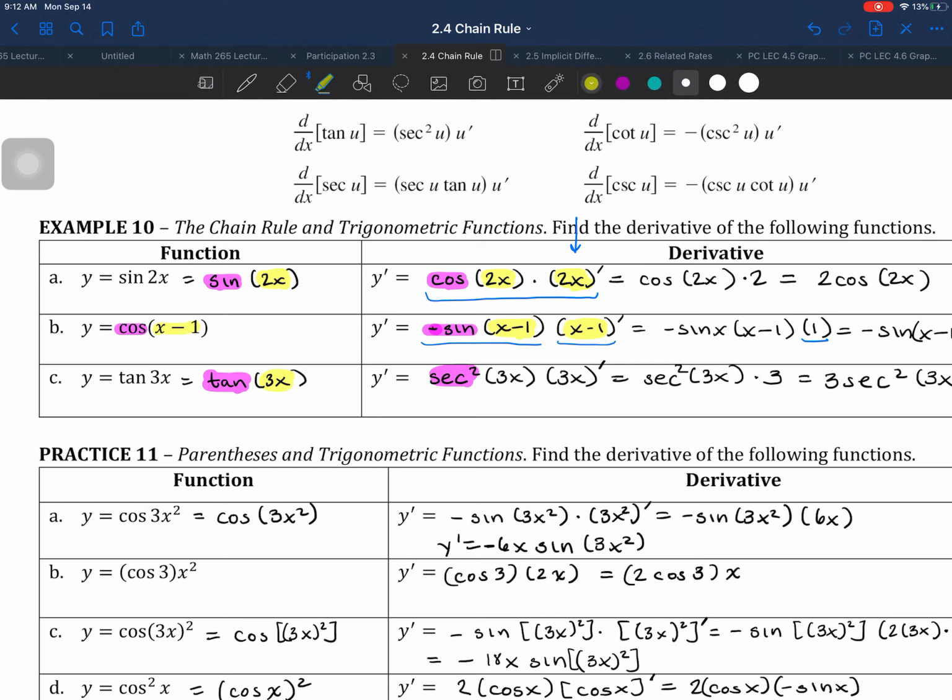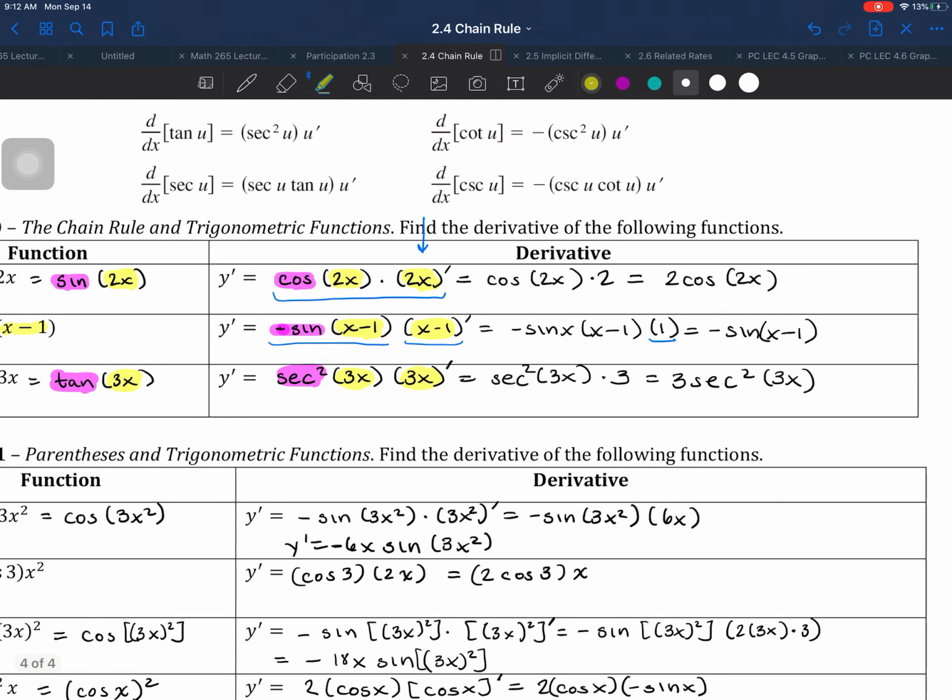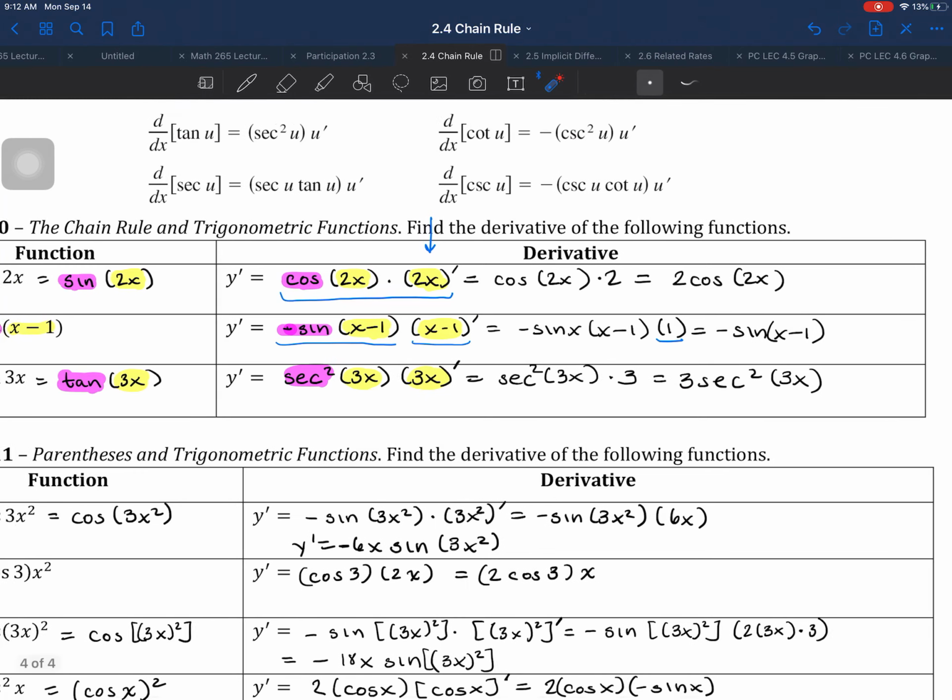And then what do we do with the inside? Keep it the same and multiply by the derivative of the inside. So this stays the same; come back and multiply. The derivative of 3x is 3, so we can move this to the front, and that gives us 3 secant squared of 3x.